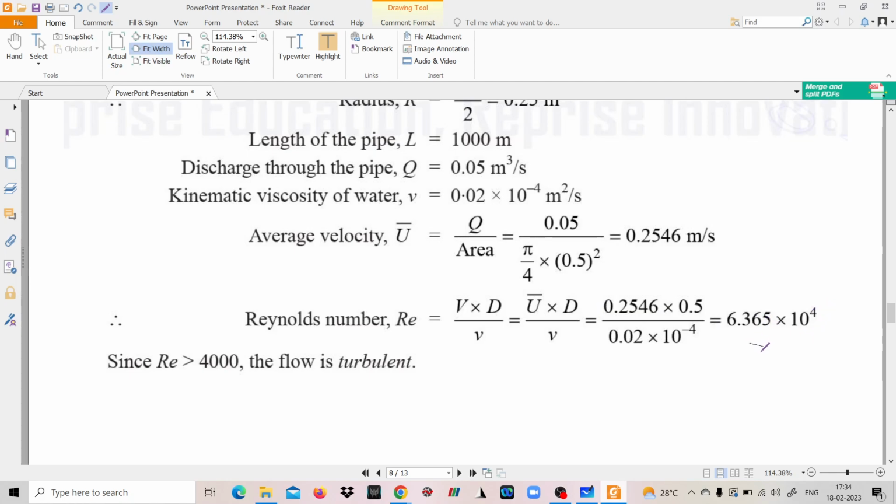This is much higher than 4000, so that's why the flow is turbulent.